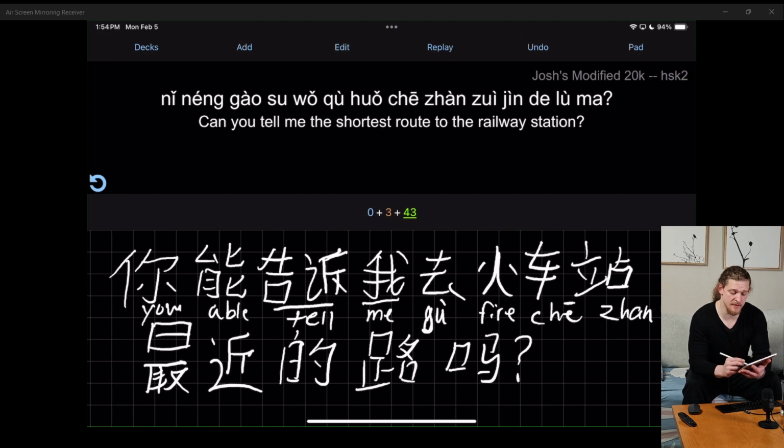So this literally means fire vehicle. You would think maybe that might mean a fire truck, but no, it would mean the railway, because it's a word that developed originally when they had old, steam and coal-powered locomotives. So this is a 火车站.